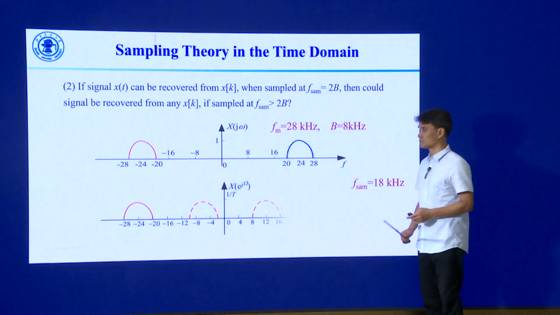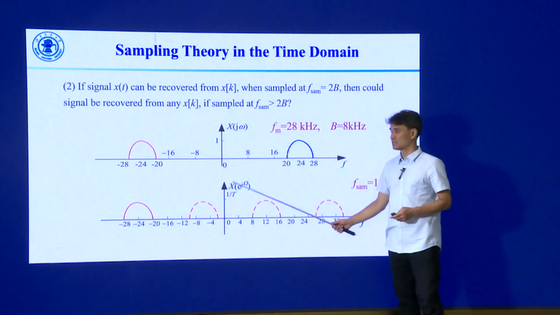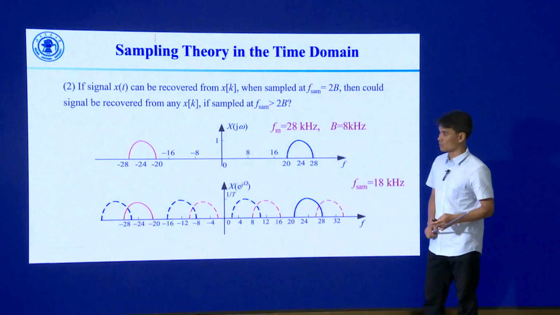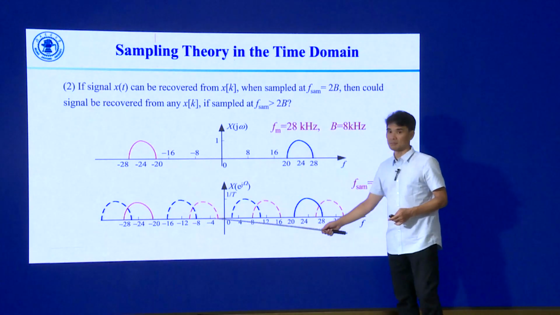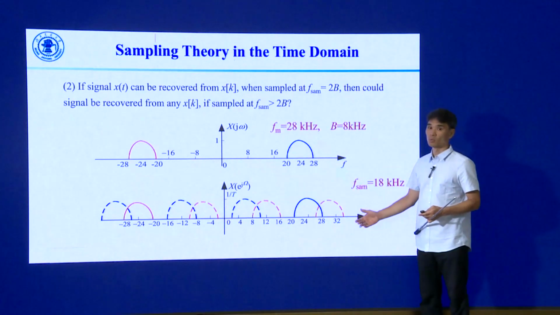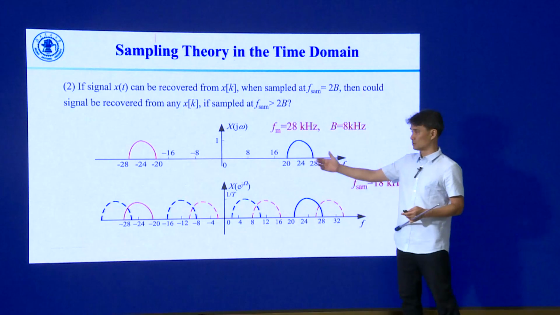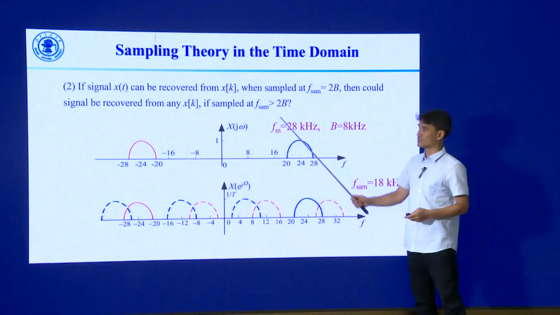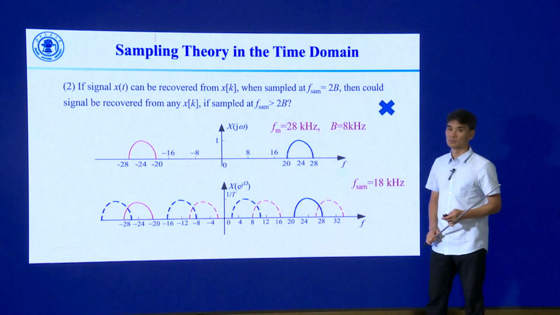And this is the periodized spectrum. We see one more time that there's some overlap, and this overlap actually will change the shape of the spectrum. So we won't have the chance to recover the original signal. So the answer for the second situation is also no.